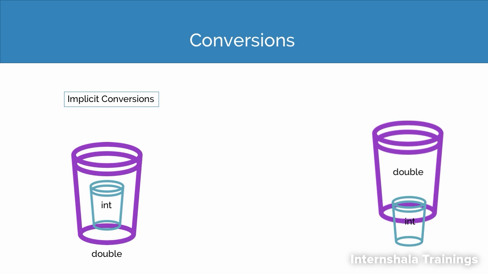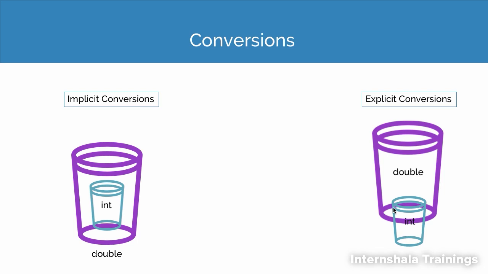So for that we have to explicitly tell the compiler that I am going to do such conversion, be ready to accept it. But in case of explicit conversion, when we try to accommodate double into the int, we definitely lose some data, because the double is of greater size.